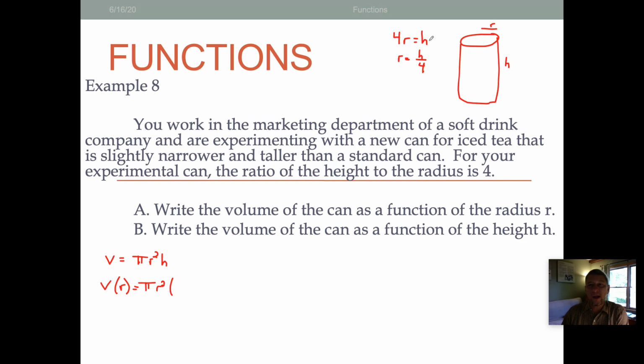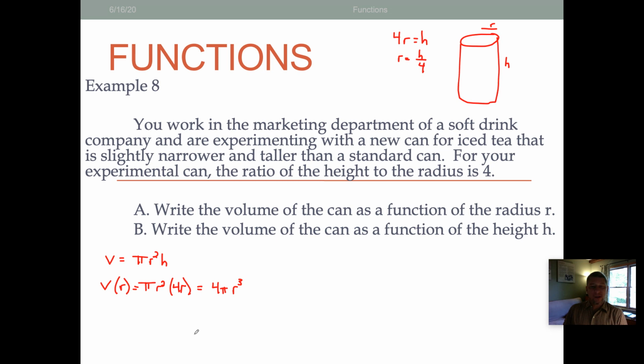Well, we know that h is equal to 4r, and so I write this as 4r, and that gives me a grand total of, I'll put the constants first, 4 pi times r cubed, because r squared times r is r cubed. And so that represents the volume of the can as a function of the radius.